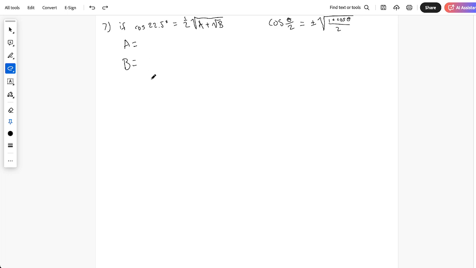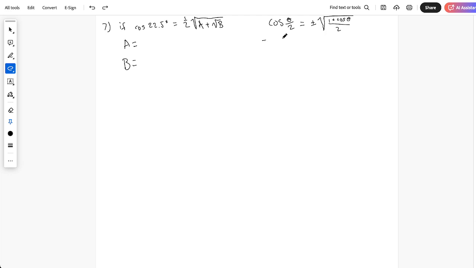So 22.5 times 2, that's, I could do it real quick in my head. No, it's 45. I'm at that point already where I'm just putting everything in the calculator because I'm lazy. That's okay. So 45 degrees, right? So let's write that down. So it's plus or minus.